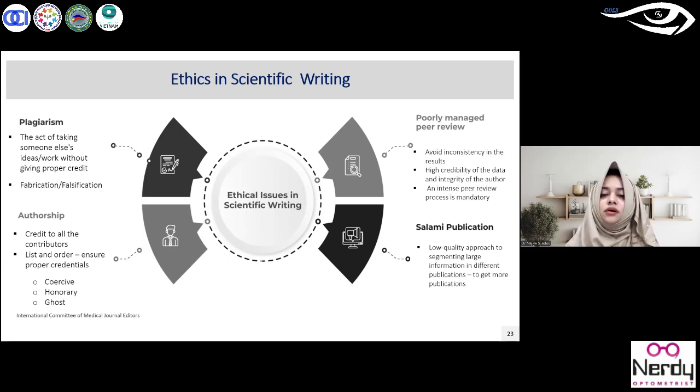For example, honorary, guest, or gift authorship that is awarded to acknowledge friendship, to gain favor, or to give the paper a greater sense of acceptability. And another is denial of authorship, where a work is published without providing authorship or acknowledgement to people who made substantial contributions to the work.